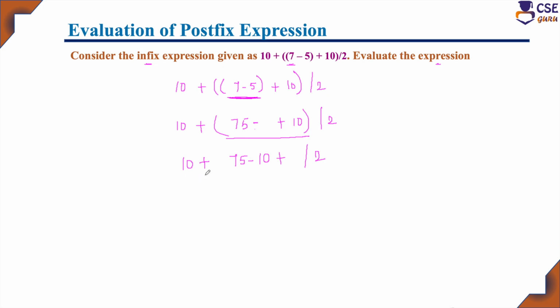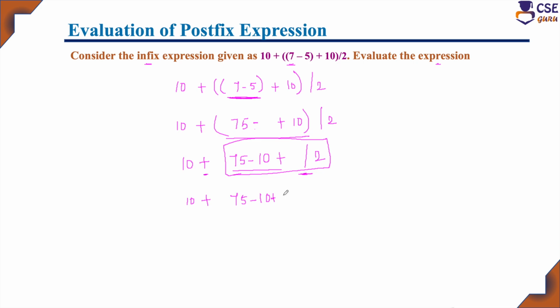Next, here the addition operator is there, and next the division operator is there. Among these two operators, the division operator has higher precedence. So, first we need to convert this division operator into postfix expression. So, 10 plus, the first operand is this complete thing, 7 5 minus 10 plus.